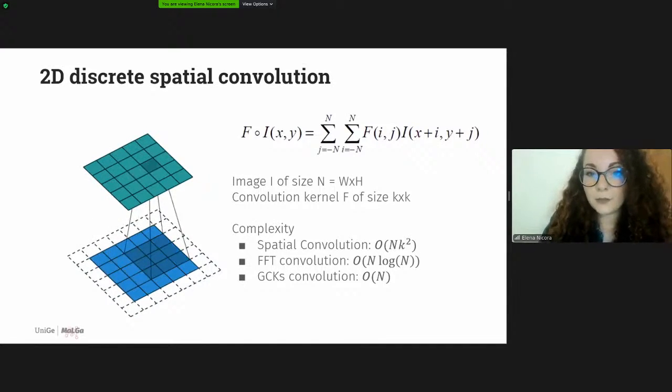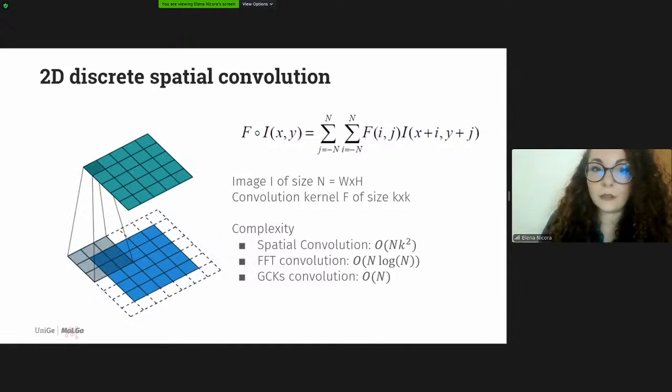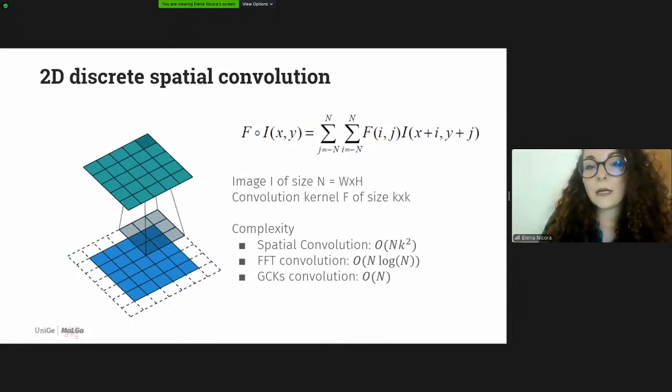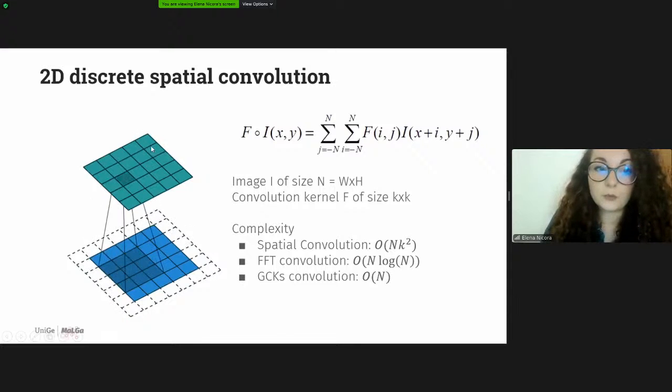In a classical spatial convolution that you can see here in the video, the number of operations needed would be linear to the dimension of the image, but also depends on the dimension of the kernel. So for each pixel of the image, we will have k by k operations.